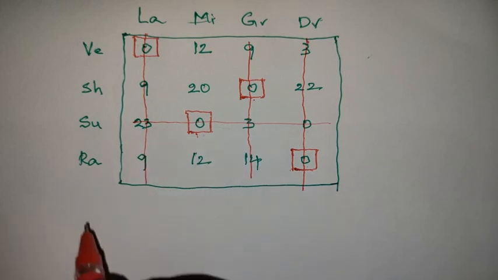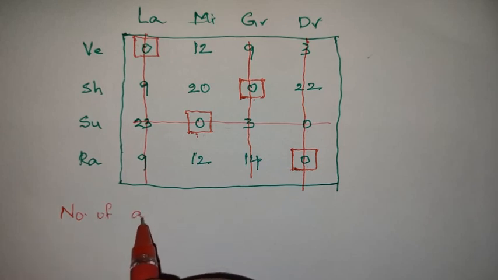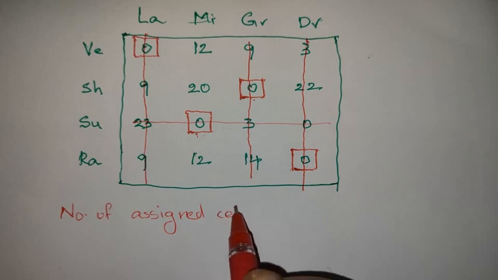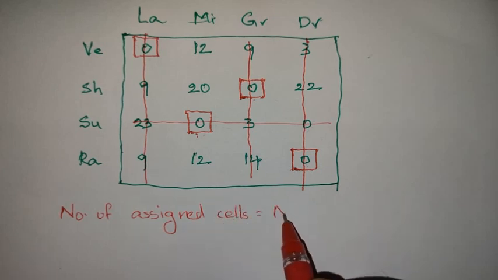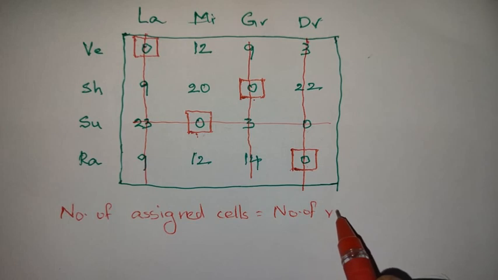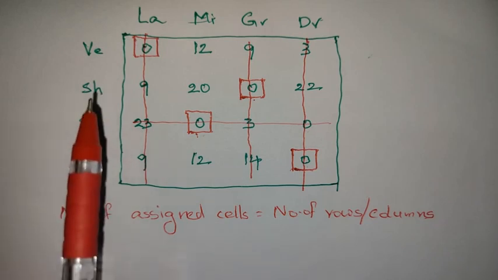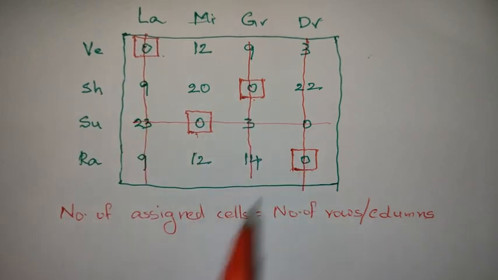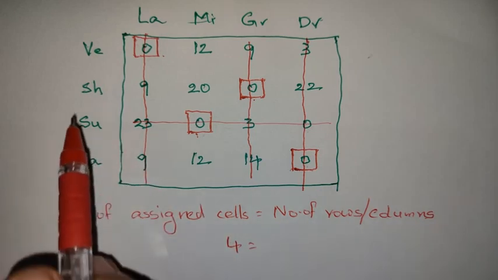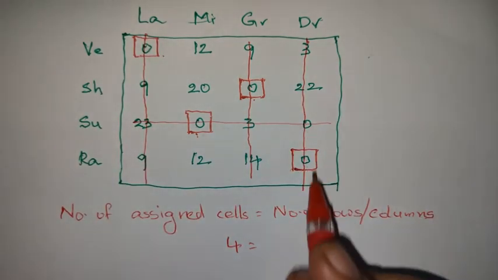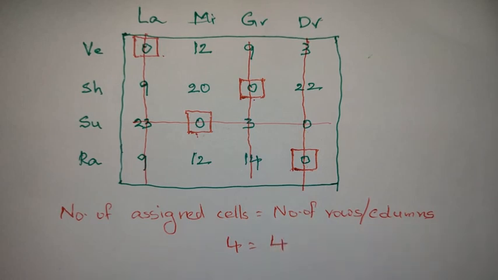So here number of assigned cells is equal to number of rows or columns. 4 rows, 4 columns. So the condition was satisfied.